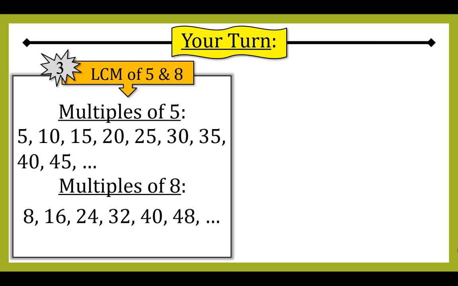So I needed to continue that list. So here I can see that with the multiples of 8, 8, 16, 24, 32, 40, 48, that I have in common 40. So again, that's why I continued my list of the multiples of 5 instead of only showing 4 or 5 numbers. I had to continue it so that I can find that least common multiple, which is 40. So the LCM, least common multiple, is 40.